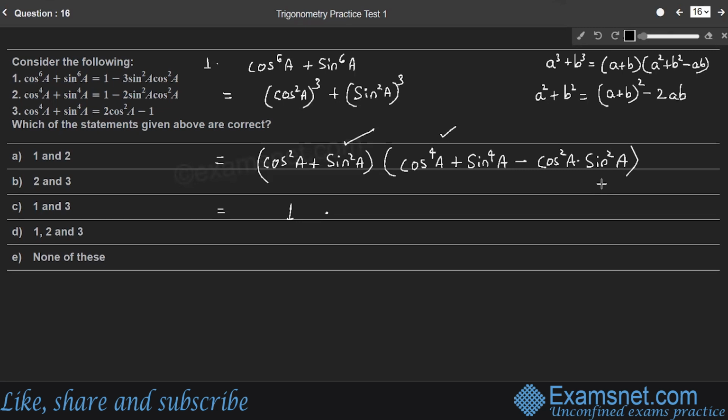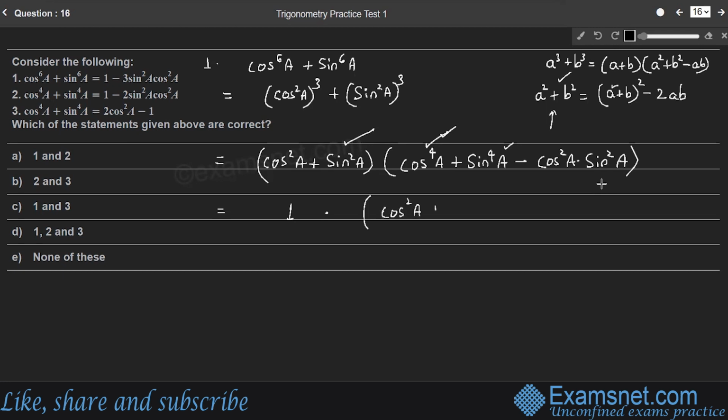Since (a plus b) the whole square is a square plus b square plus 2ab, we have just rearranged these terms. Here we will consider a as cos square A; a square becomes cos raised to 4A. Therefore cos raised to 4A plus sin raised to 4A can be related to a square plus b square, which can be written as (a plus b) the whole square.